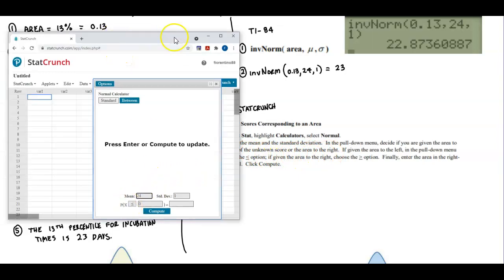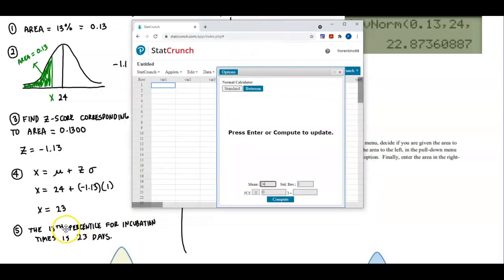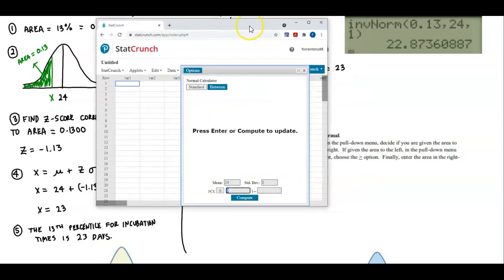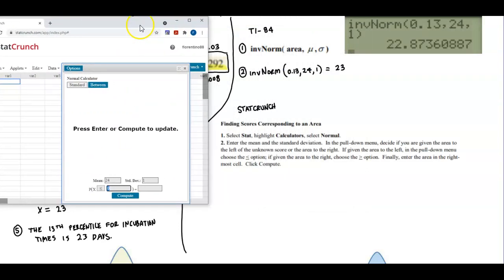Well, we're talking about the area that's to the left. So we want to find the area to the left of that value. The area that we have is 0.13.